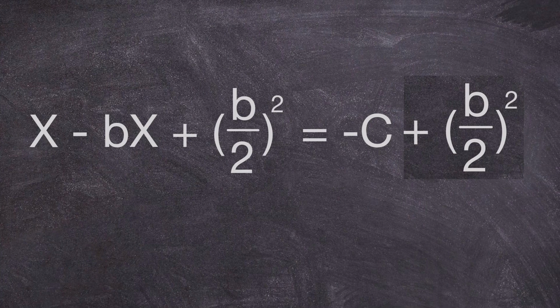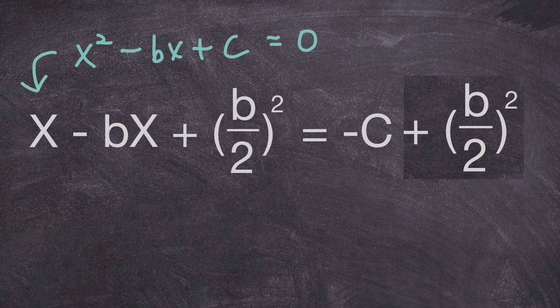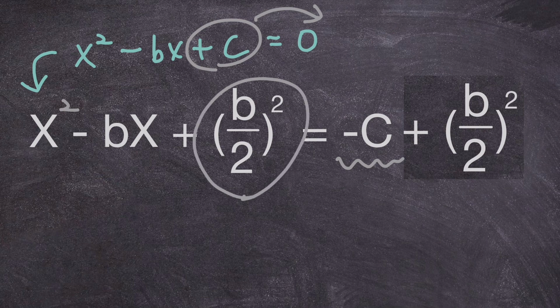Before I go on with the first equation, let me briefly go over what completing the square means. If you have x squared minus bx plus c equals 0, you can turn this into x squared minus bx, then send c to the right side of the equation as negative c, and add 1/2 of b squared to both sides.